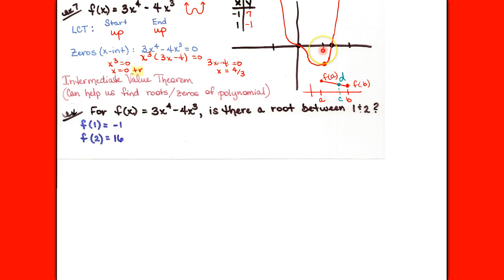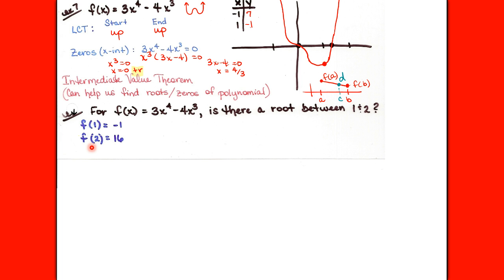Now I can come back up here and see, okay, here's x equals 1, here's x equals 2. Yes, there's a root in between there. I can see that. But if I didn't want to have to graph the whole thing and I was just checking to see, is there a root between those two values? Is there going to be an x-intercept there? Here's a fast, easy way that I could do that. I could plug each of these x values in, 1 and 2. I'm going to plug 1 into the function, and I'm going to plug 2 into the function, and I'm going to see what I get.